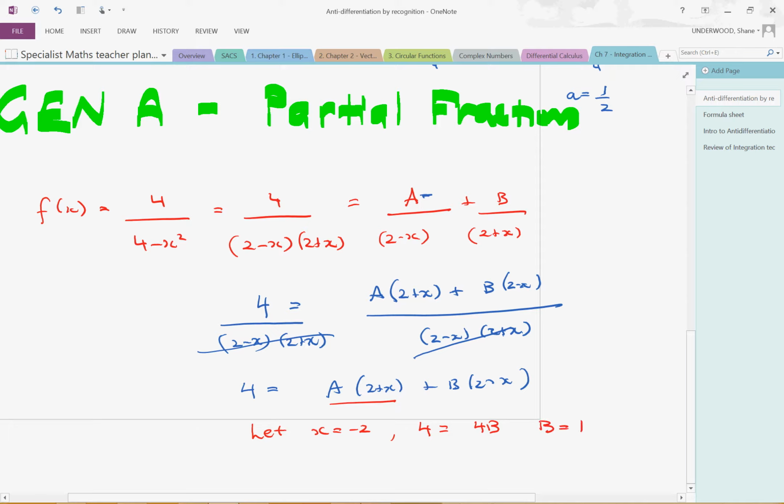And we're going to let x equal positive 2, which is going to give me 4a is equal to 4. So therefore a is equal to 1. So now my fraction is the equivalent of 1 over 2 minus x plus 1 over 2 plus x.